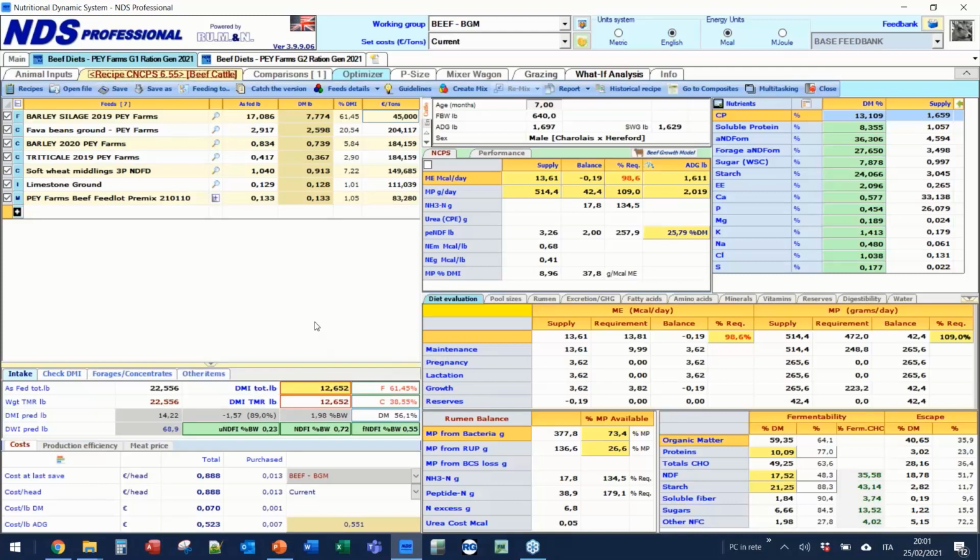And given that the CNCPS system works mainly with energy supply and protein supply, we need to have the real dry matter intake in order to better evaluate this supply.